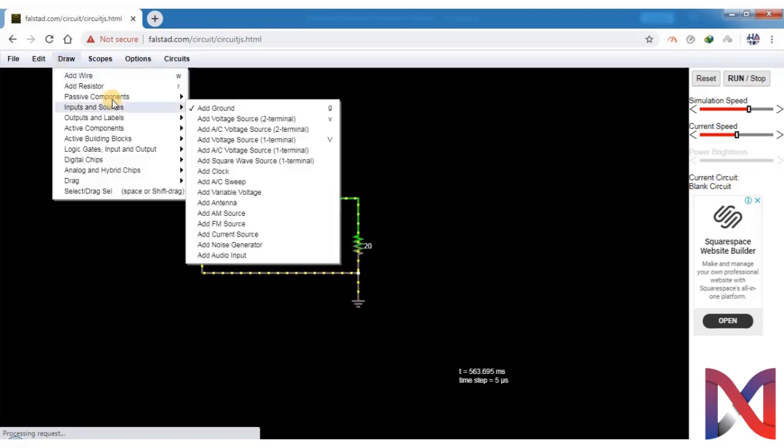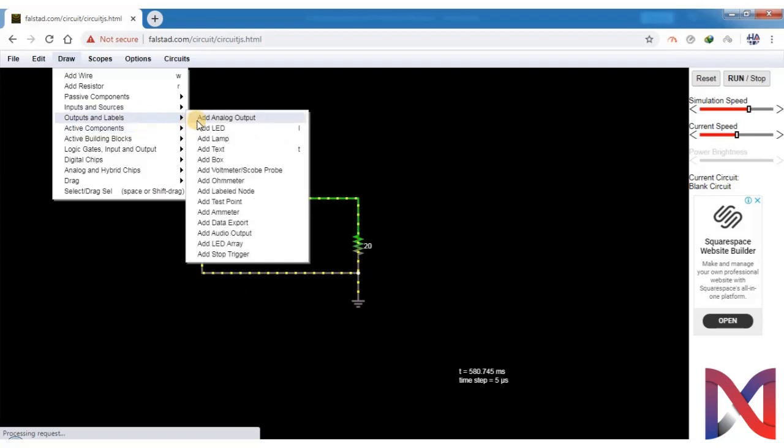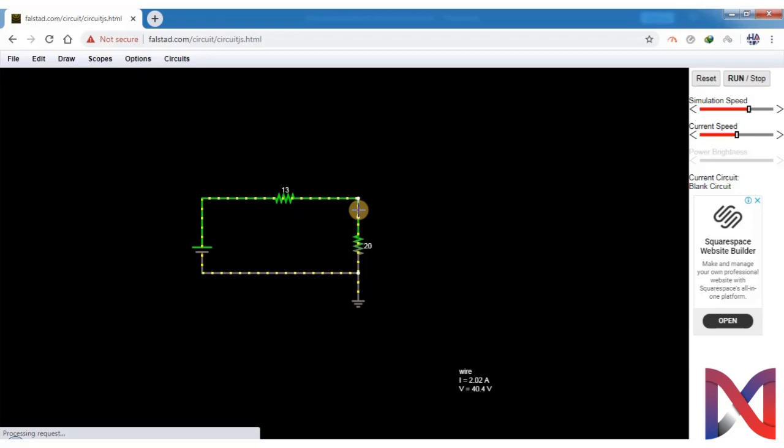So now we will add an ammeter at this point to see what is the current flowing through the load resistance. Here we have 2.02 ampere, which is exactly the same as what we got during our calculations.